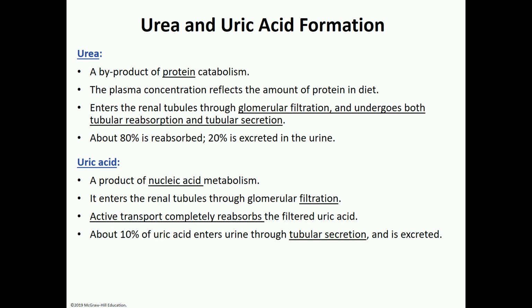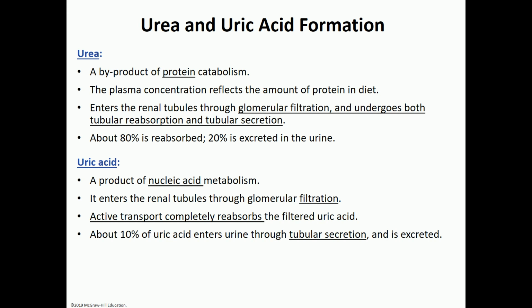Now, a little bit about urea and uric acid. Urea is produced by the body as a result of the breakdown, the catabolism, of protein. Urea, we've learned, is extremely important in maintaining the hypertonicity of the interstitial fluid in the medulla. Uric acid is a byproduct of the metabolism of nucleic acids.